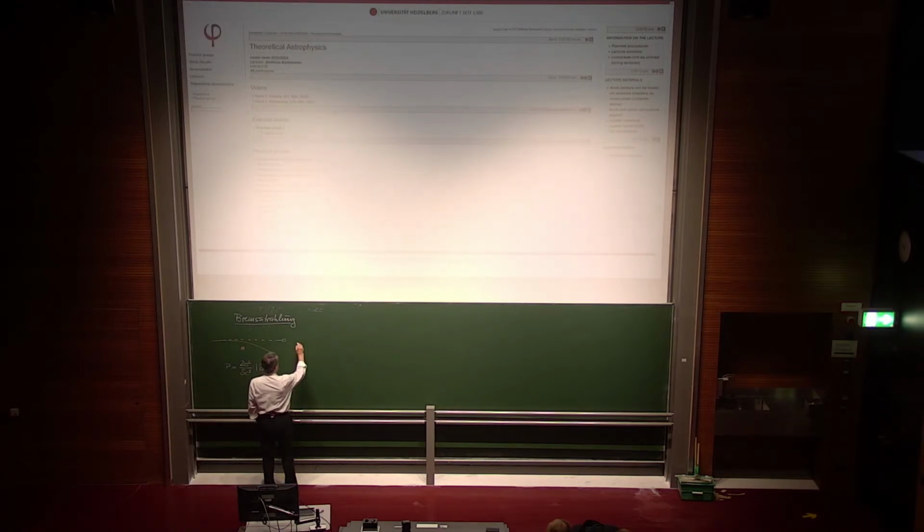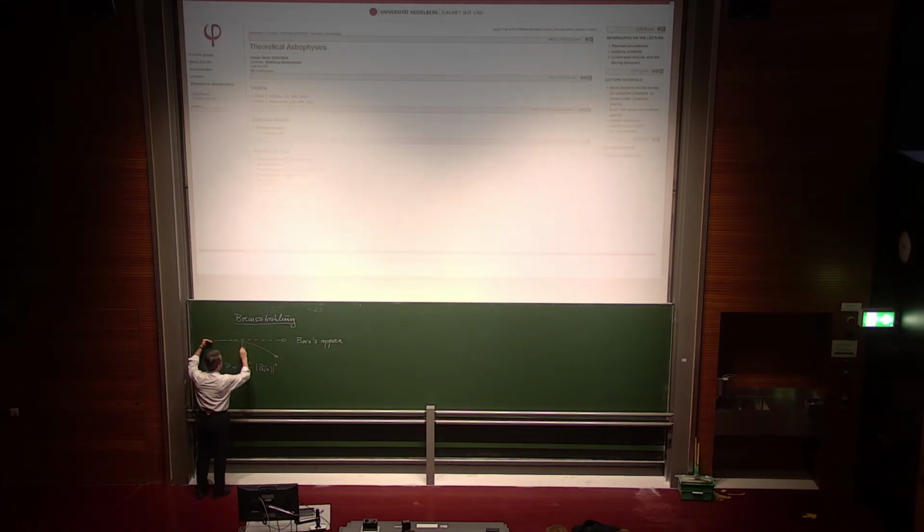Now, what is that? I'm going to characterize this straight line now by an impact parameter b. That's the smallest separation that the two are going to have.